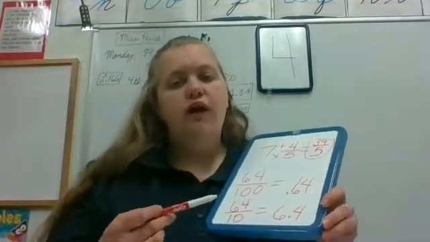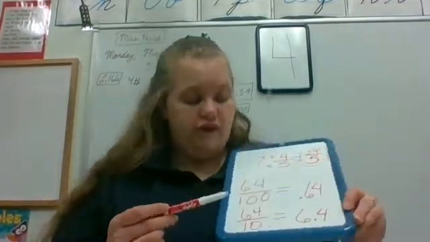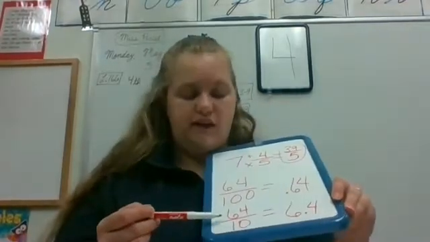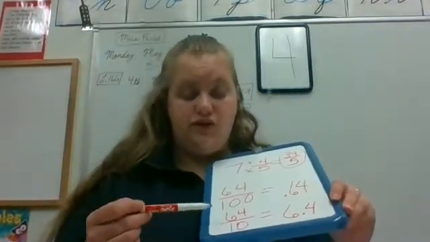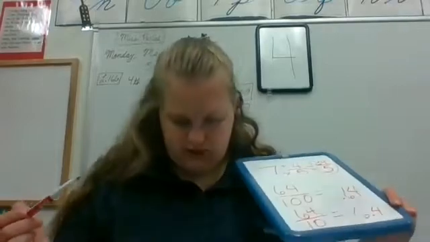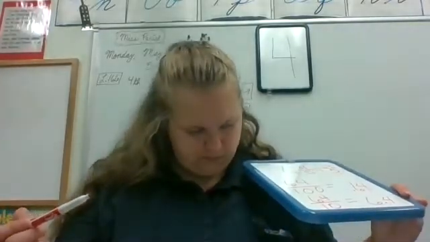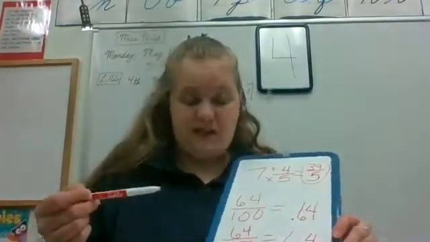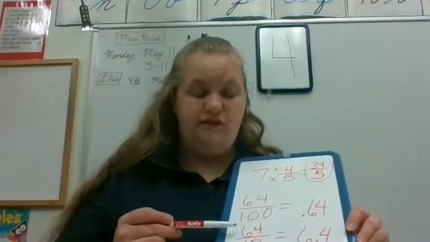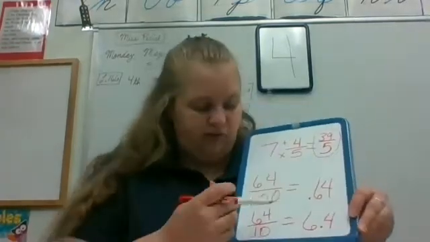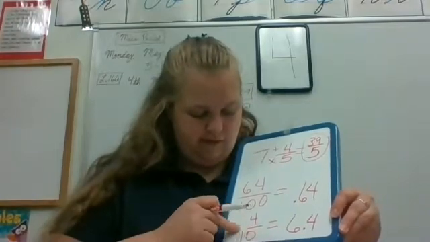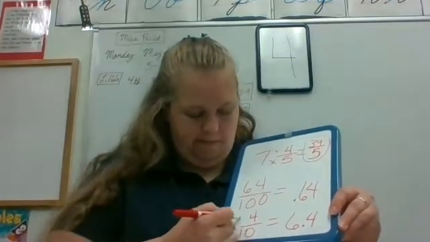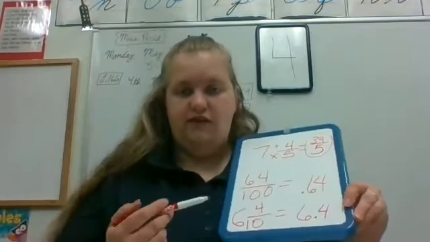You can also solve this by changing the improper fraction to a mixed number, and 10 would go into 64 6 times, so you'd have a whole number 6 and 4 tenths, okay?